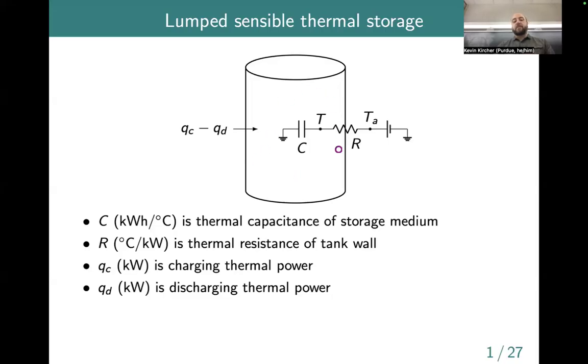So this could be molten salt inside of a big industrial scale thermal storage device. Then QD would be the heat that you would pull out of that to run your power cycle, and QC would be what we're getting from sunlight to heat up the storage medium. So these things can have different interpretations in different settings, but the basic model is more or less the same.